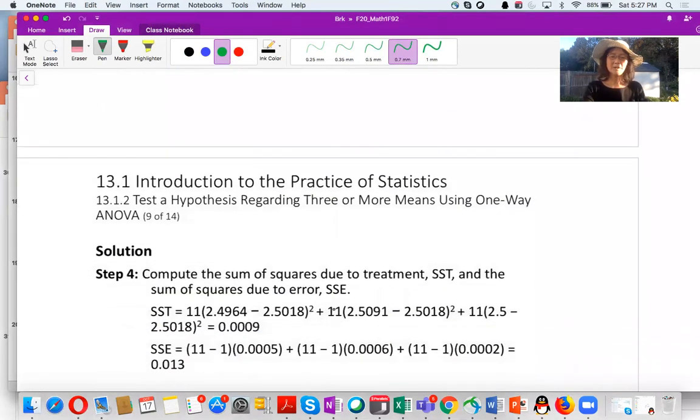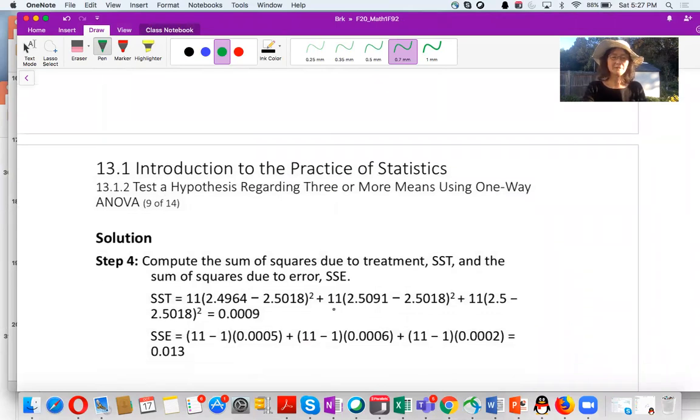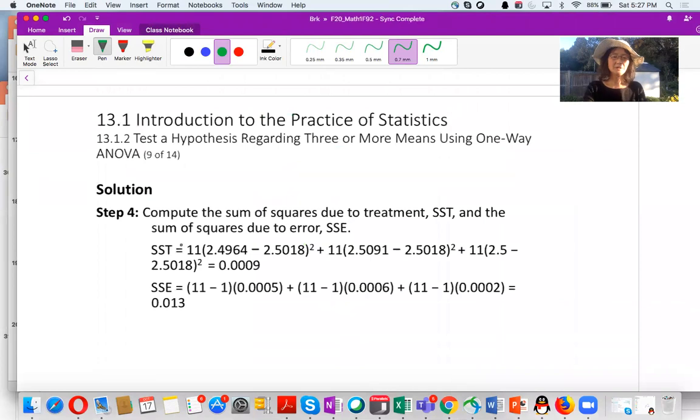So once you have the mean and the variance, we do this one here: sum of square due to treatment, SST.